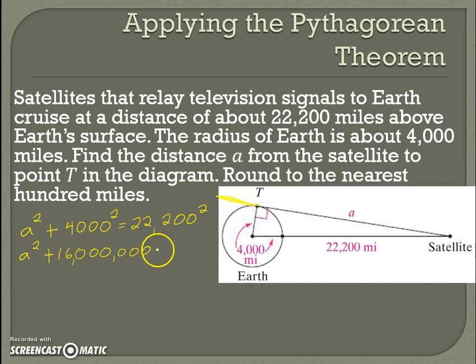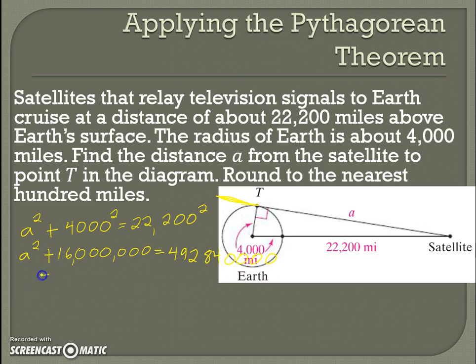Again, that's quite a large number, equals, and this one's even bigger, 492,840,000. I'm going over the picture, I know that, but you can figure it out. All right, so there's my equation.